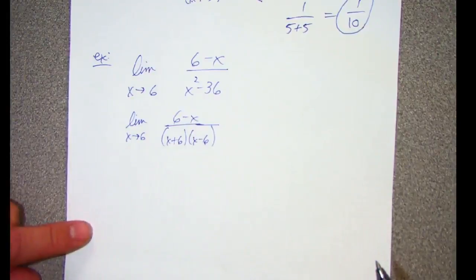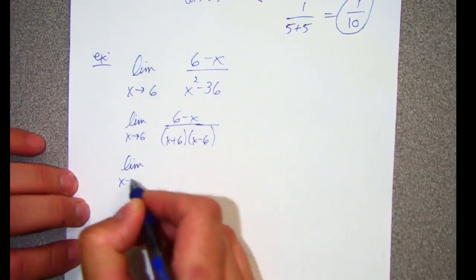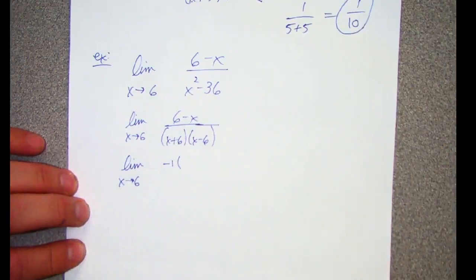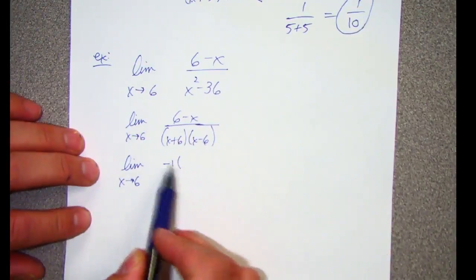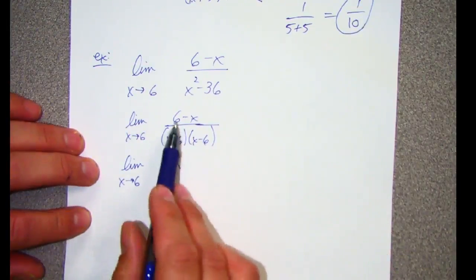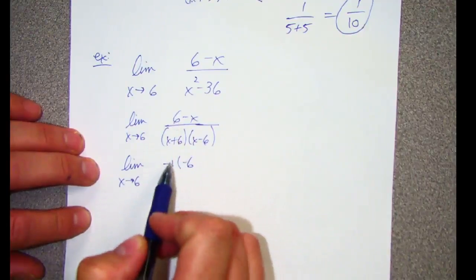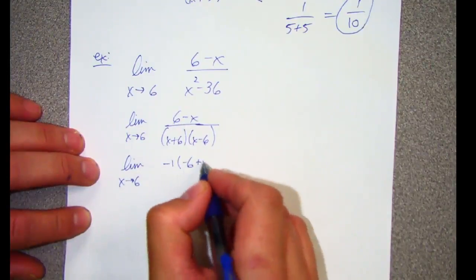What I can do in this case is factor the top also, and factor out a negative 1 from those two things. I'm doing reverse distributive property. Negative 1 times what would make me end up with 6? That's negative 6. And negative 1 times what would make me end up with negative x?